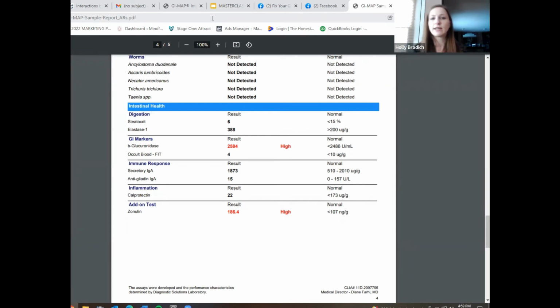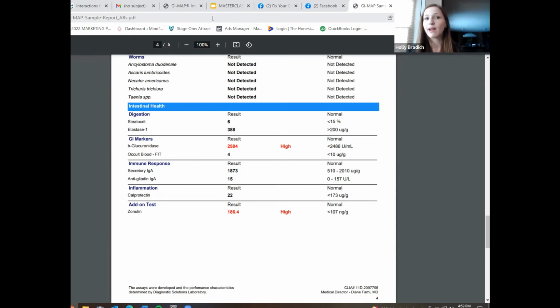Secretory IgA is a marker of our immunity in the gut. IgA is one of the immune molecules. You may have heard of IgG, that's the food sensitivity testing. IgE is a true allergy. And IgA. If we are someone who has taken a lot of antibiotics, we're really burnt out, we've been through a lot of trauma and stress, I'm going to see likely really low IgA in these people.